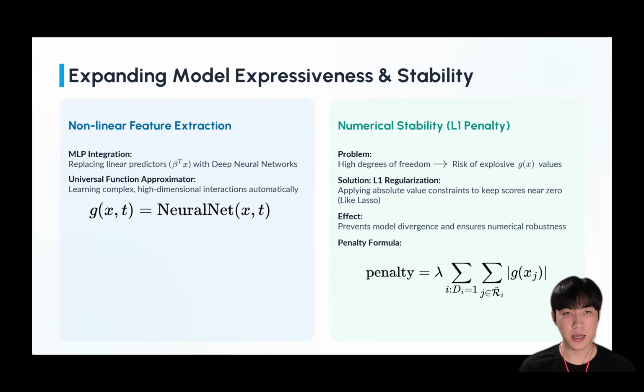To solve this, they introduced an L1 regularization specifically applied to the network's outputs g(x, t). Unlike typical weight decay, this output L1 penalty keeps the predicted risks near 0, ensuring mathematical robustness while maintaining the high performance of the neural network.